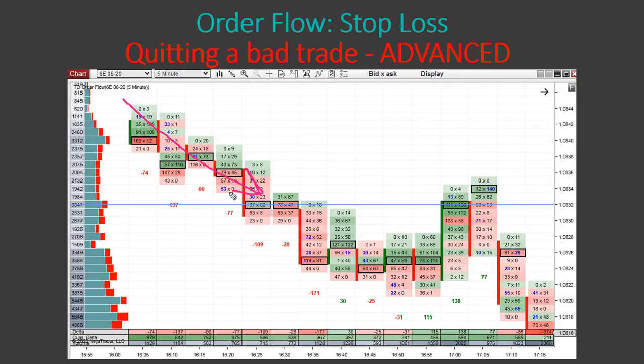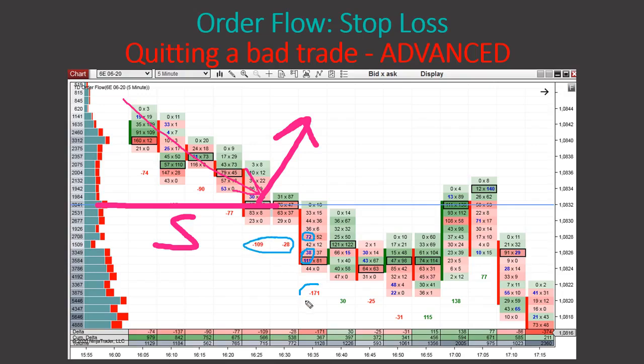Let's now have a look at some examples so it's more clear. Selling activity. Imagine that this is your support. You go long from there, but the price goes past your level without any reaction, and you see that there are selling imbalances. In here, also in here, delta is negative, so in this place you know that it's bad.